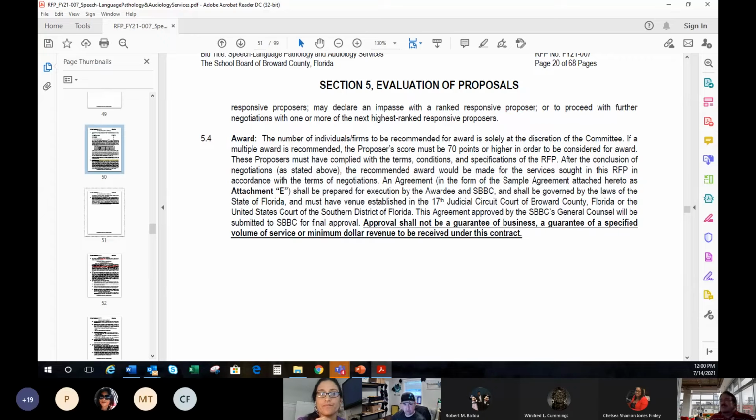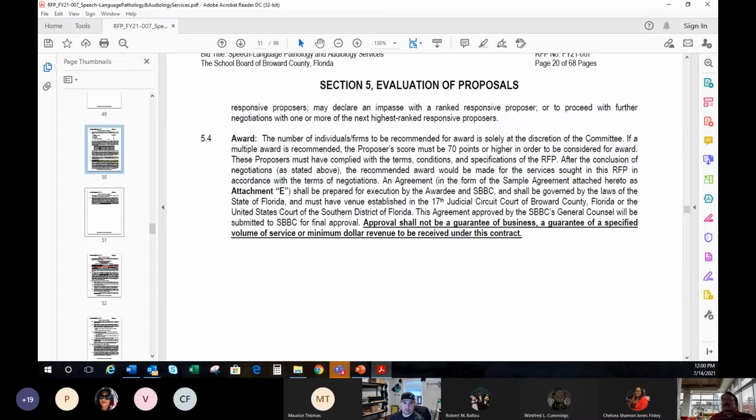Now, if they do that, they have the ability to proceed to the next highest ranked proposer. So again, may declare an impasse with a ranked responsive proposer or proceed with further negotiations with one or more of the highest ranked responsive proposers.